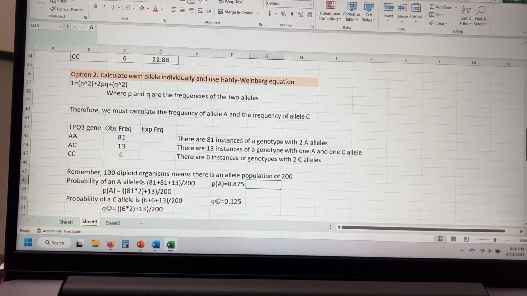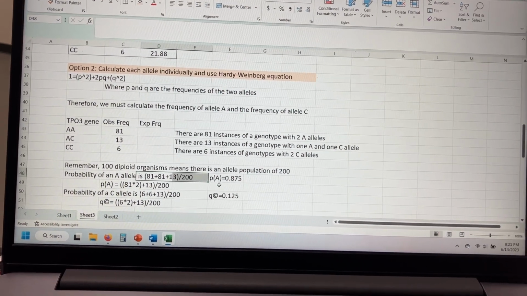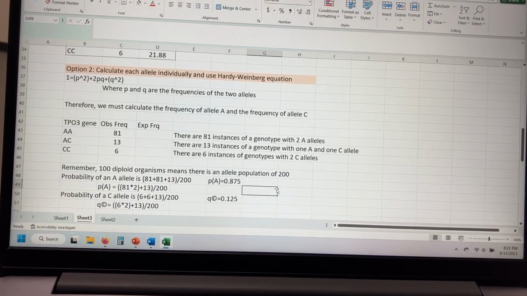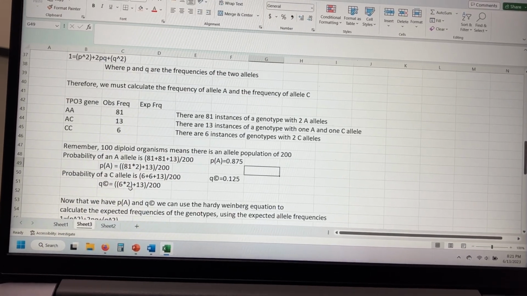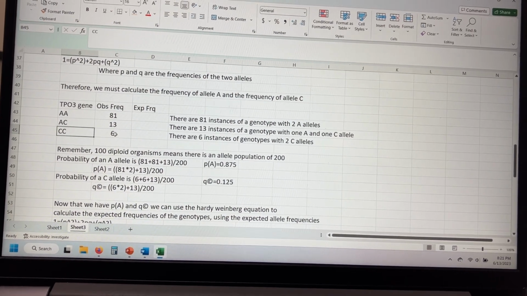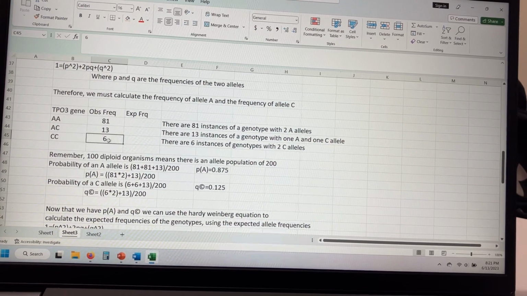So then we would calculate 81 times 2 plus 13, divided by 200, and that would give us this probability here, 0.875.